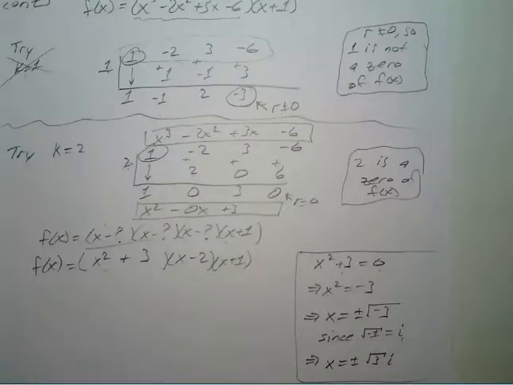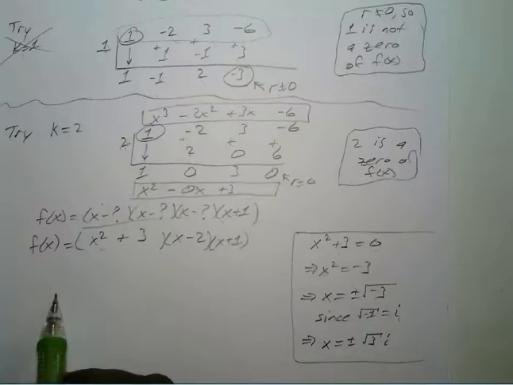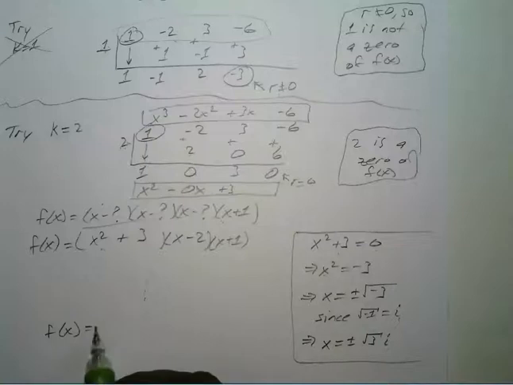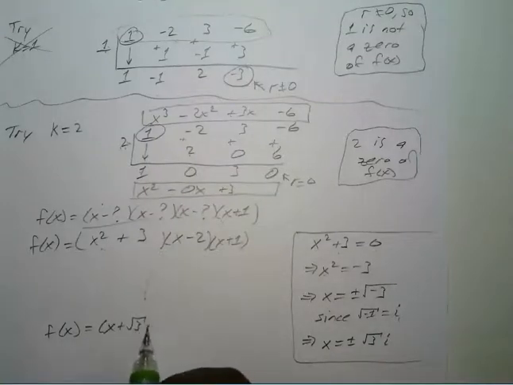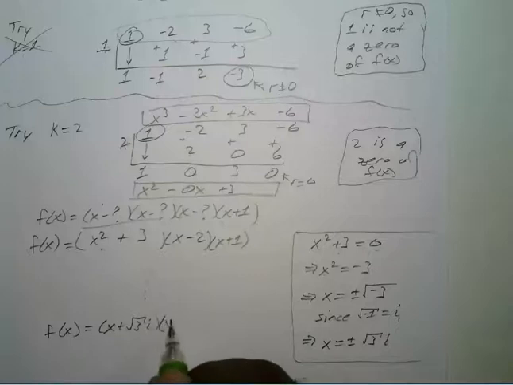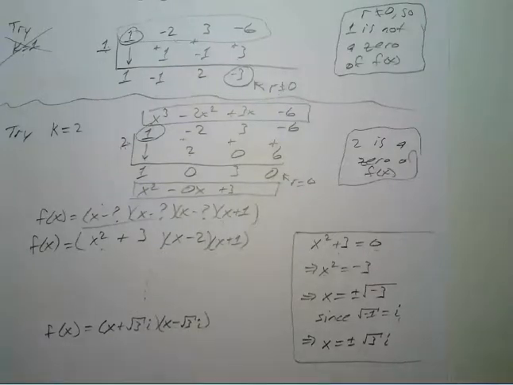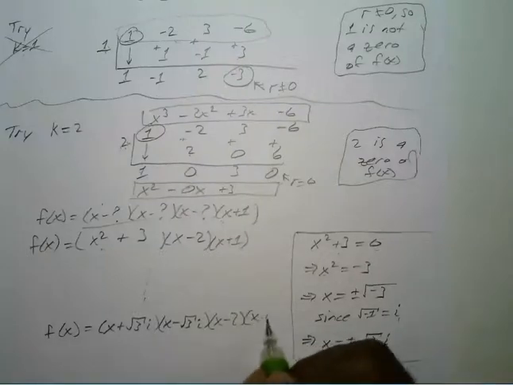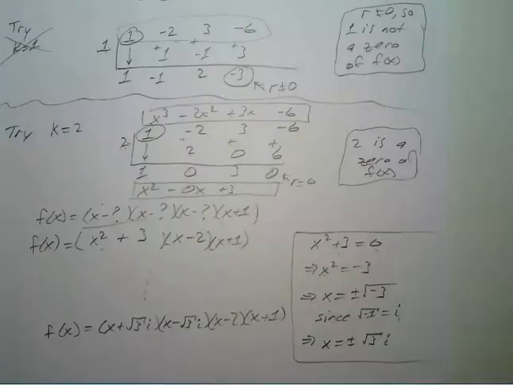All right. So that means, I'm going to drop this down a little bit, f of x is equal to x plus square root of 3i, x minus square root of 3i, x minus 2, and x plus 1.